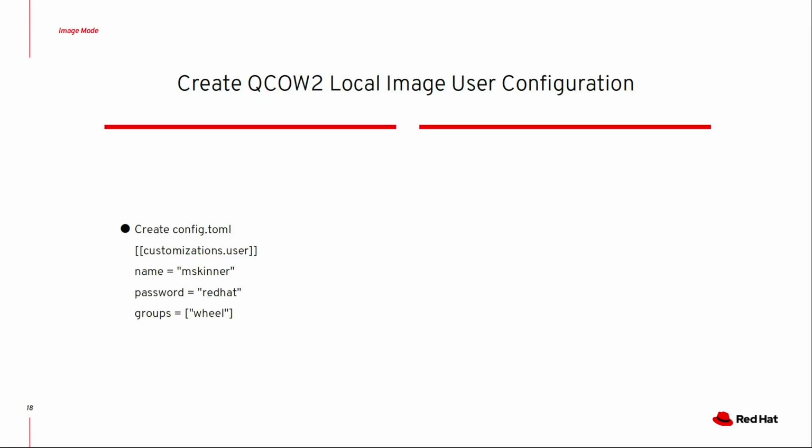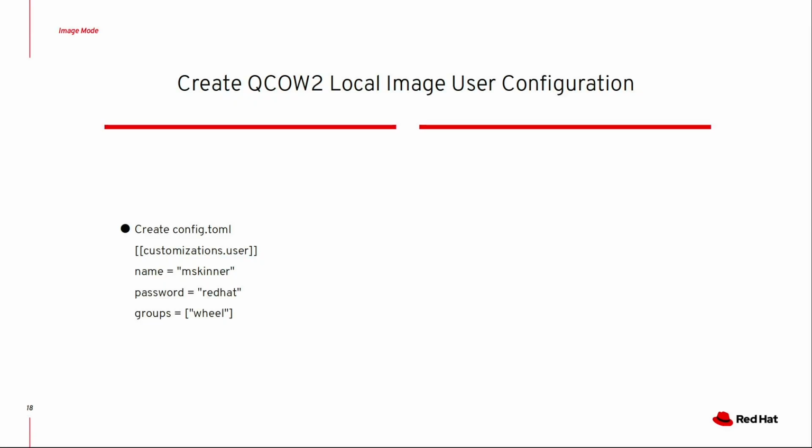And in that file, in this example, I'm doing a customization.user. I'm adding the mskinner user. I'm putting my password, and there's ways to hide the password, but we're just keeping things easy here. And then I'm adding them to the wheel group so I can super user up and have full access to the system as mskinner. So I have my little configuration toml file that I'm going to inject during the build process, which will then create that user locally in the image during the image build process.